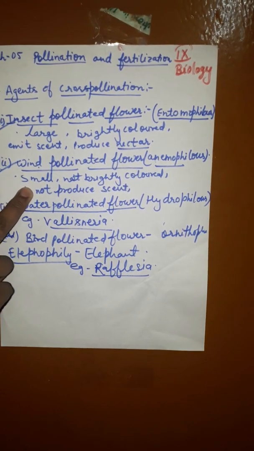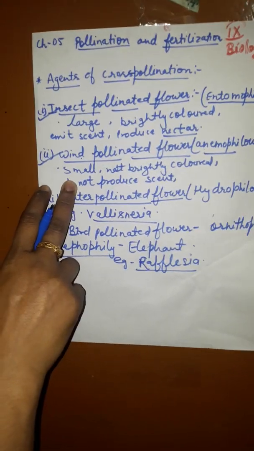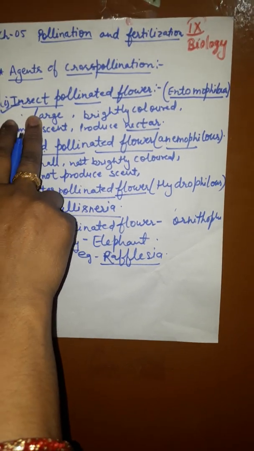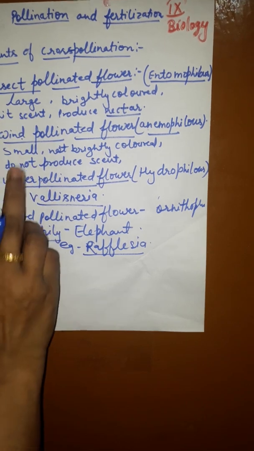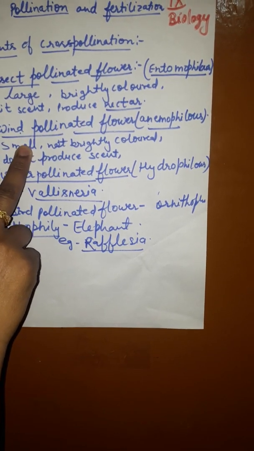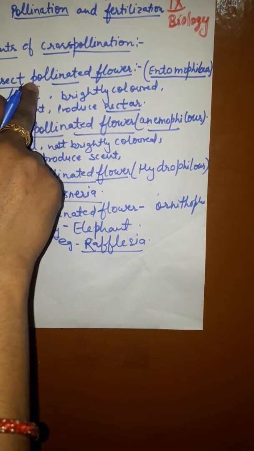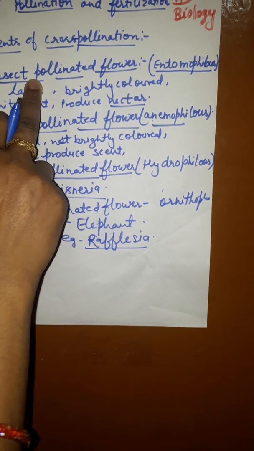In wind pollination, pollen grains are produced in large number, and some go waste. In insect pollination, fewer pollen grains are produced because they are transported mechanically by insects. In wind pollination, pollen grains are small, light and smooth. In insect pollination, pollen grains are larger, sticky and spiny.